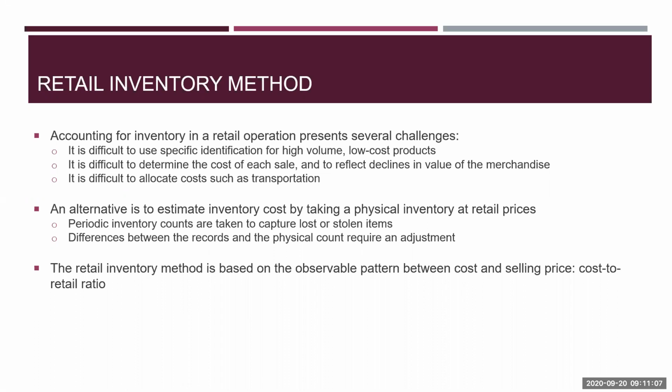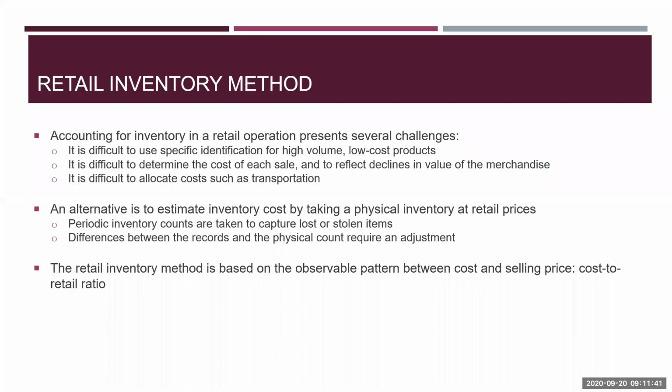Accounting for inventory in retail operations presents several challenges. It is difficult to use specific identification for high volume, low cost products. It's difficult to determine the cost of each sale and to reflect declines in the value of merchandise. It is also difficult to allocate costs such as transportation. An alternative to overcome these difficulties is to estimate inventory cost by taking a physical inventory at retail price.